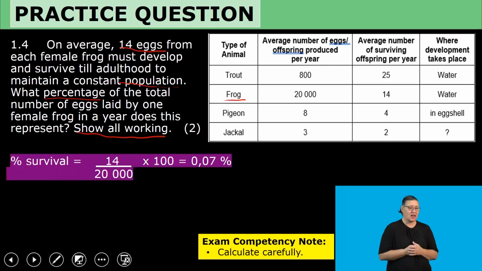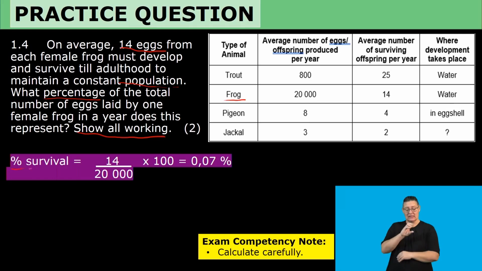Here is our calculation. We are looking at the percentage survival. So when we look at frogs, we are looking at the average number of surviving, which is 14. Then you take 14, you divide by the average number of eggs produced per year. And the average number here is 20,000.